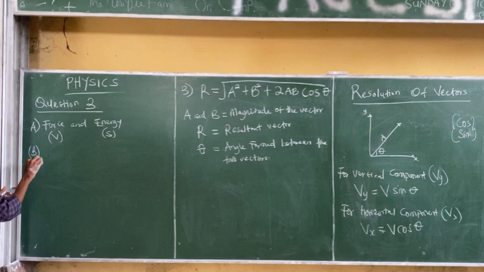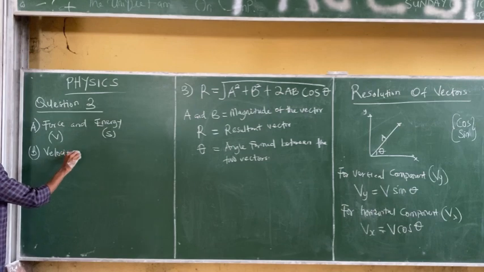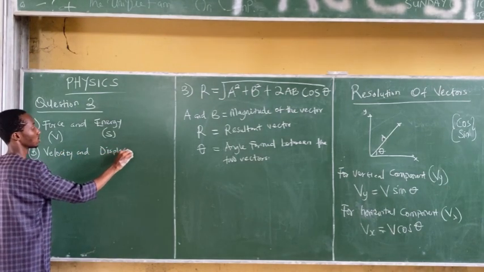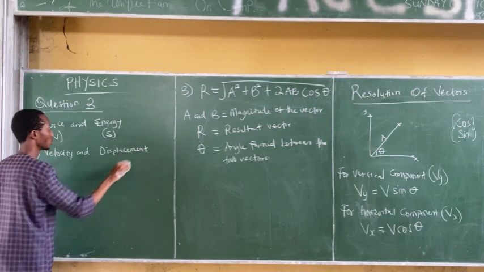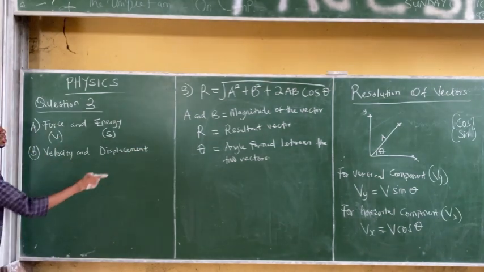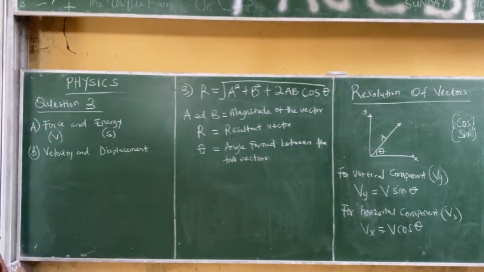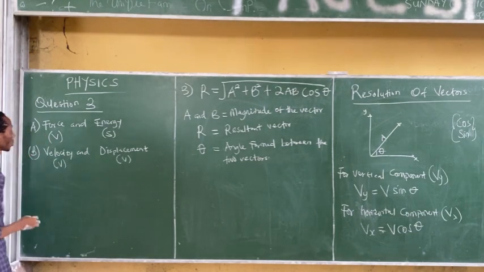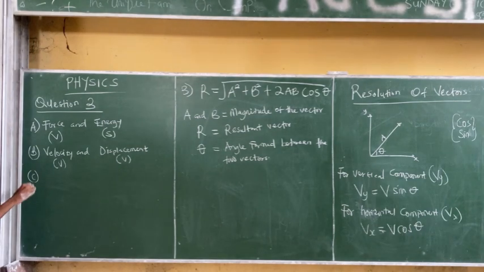The second option is velocity and displacement. Both velocity and displacement are vector quantities, reason being that they have magnitude and direction. The third option says speed and distance.